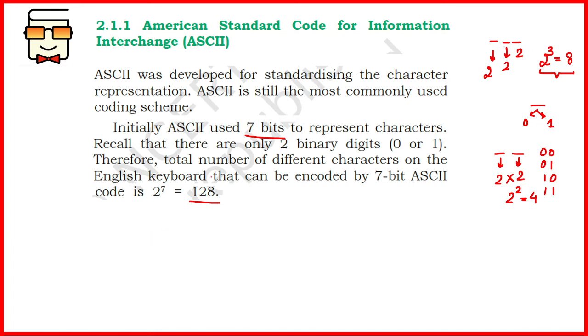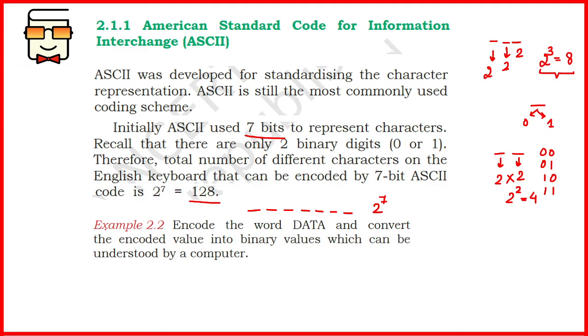So when we have 7 bits, bits being binary digits, how many unique combinations can we represent? 2 raised to power 7. So the ASCII code consisted of 7 bits to represent different alphabets, numbers and different characters on the keyboard, and the total number of unique codes that it gave was 128.